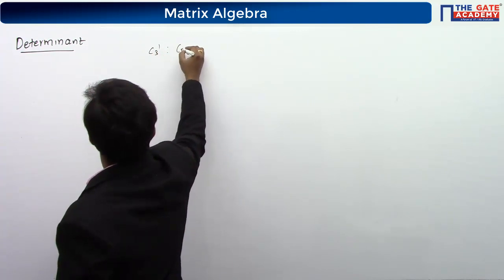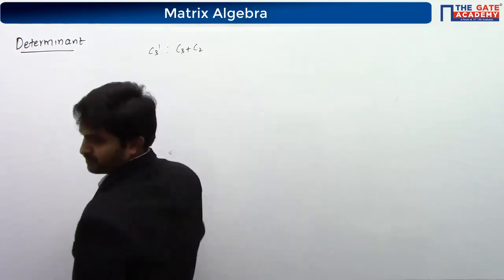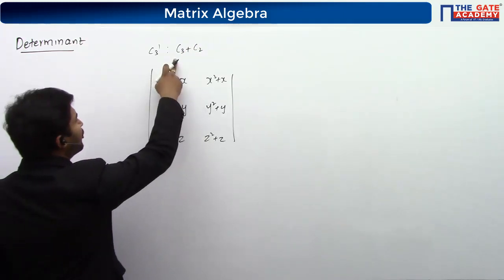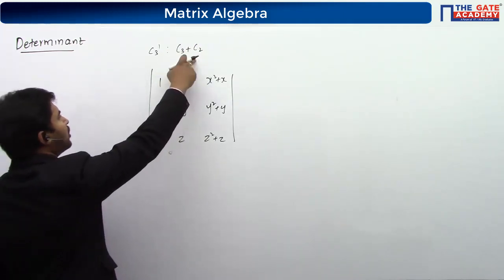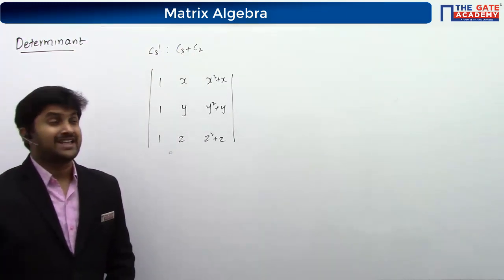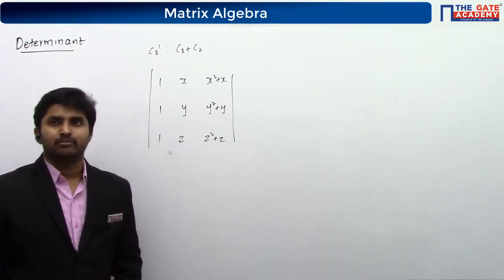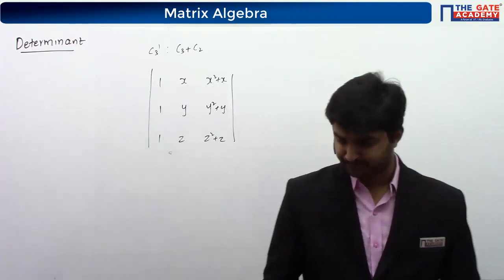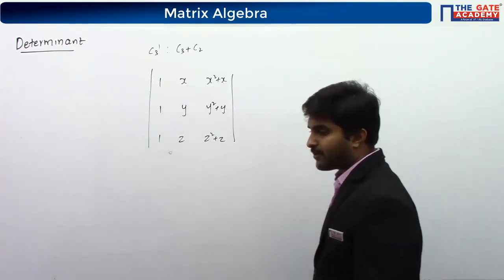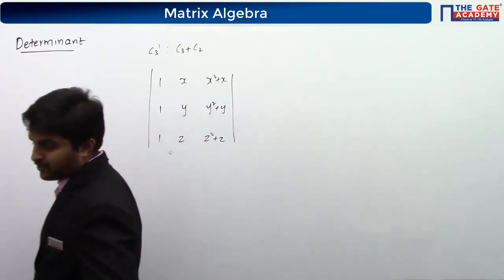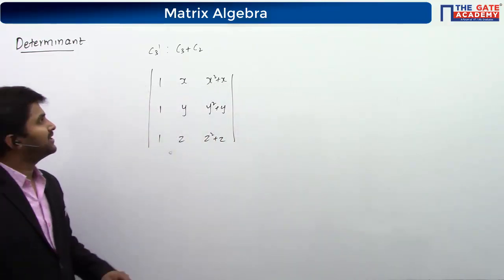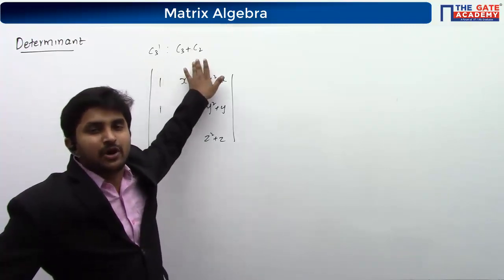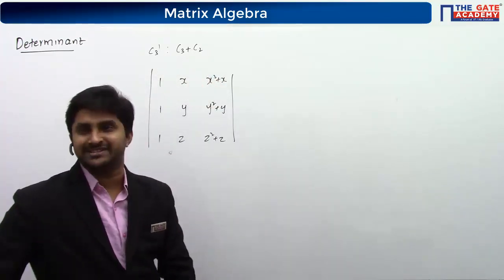C3 dash is going to be equal to C3 plus C2. This is the operation that I have performed: column 3 is going to be column 3 plus column 2. Many of you have answered option A. I am explaining why it is so. The very first column operation that I have performed is that column 3 transformed is equal to column 3 plus column 2, which is a valid column operation, isn't it?